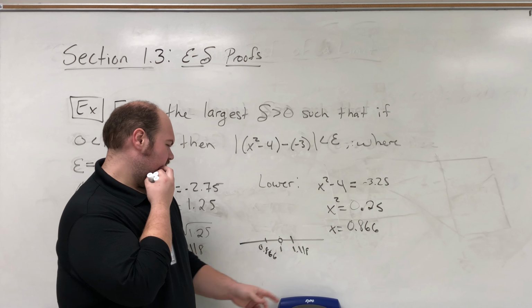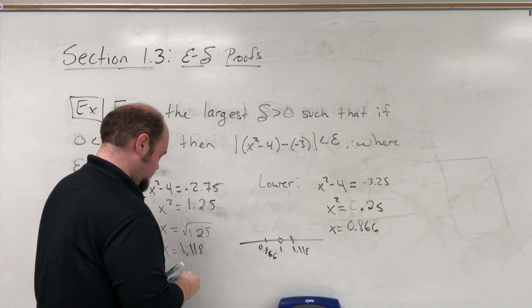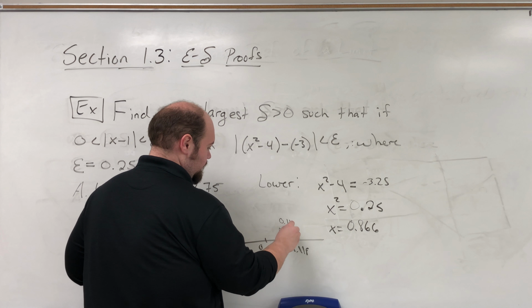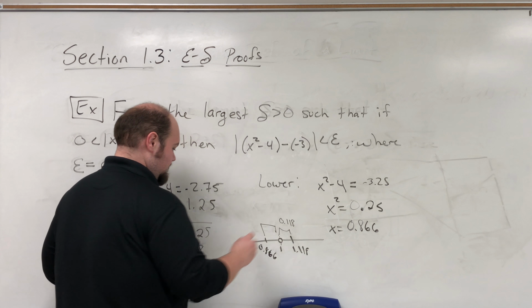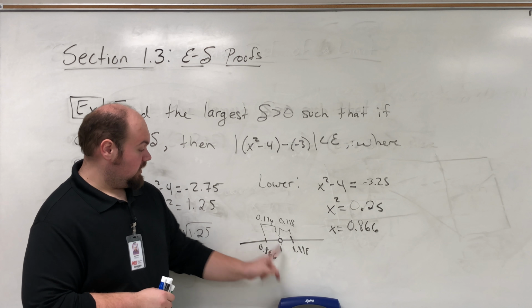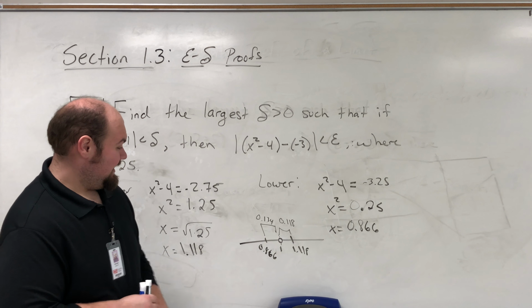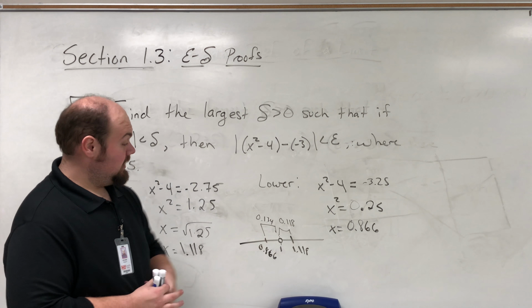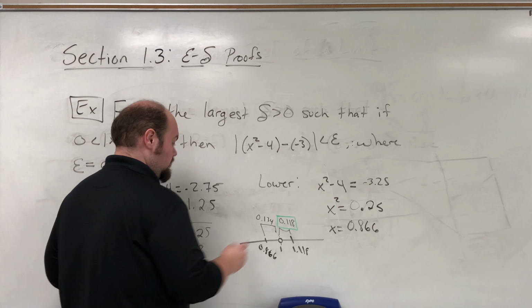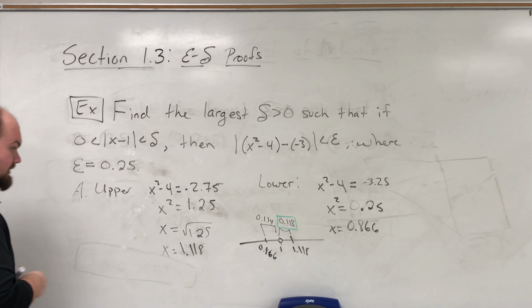So those look very close to being about the same, so of course this distance here is going to be 0.118. This distance below, and so the distance from here to 1 is 0.134, and it looks like the smallest of the two is going to be 0.118.